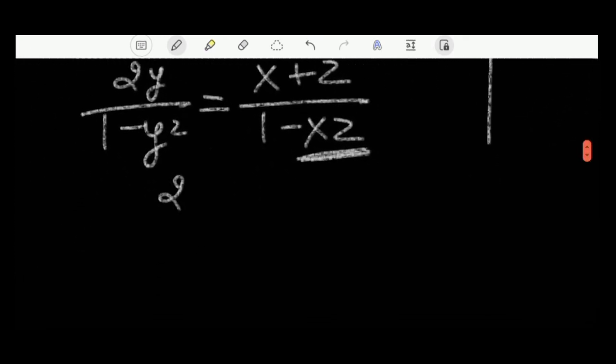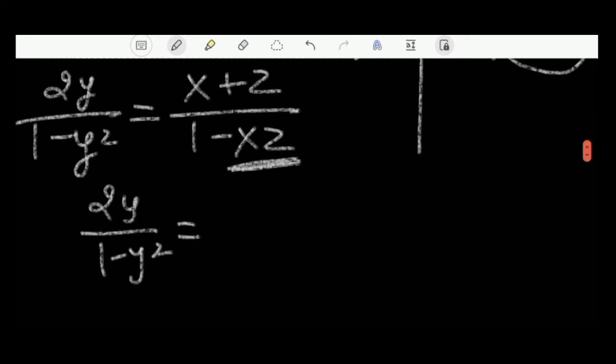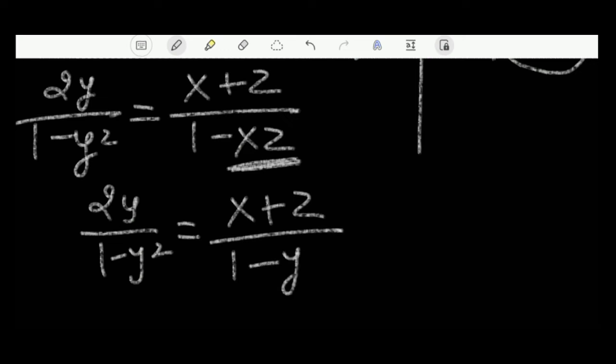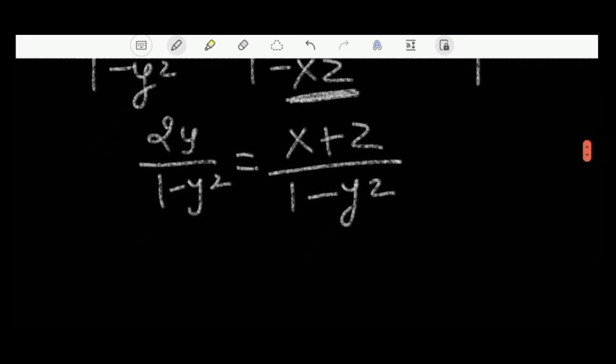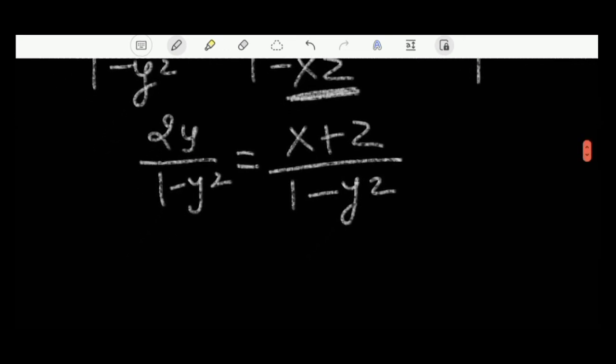So 2y upon 1 minus y square is equal to x plus z upon 1 minus y square. And now we get an expression where the denominators of the two sides are the same.